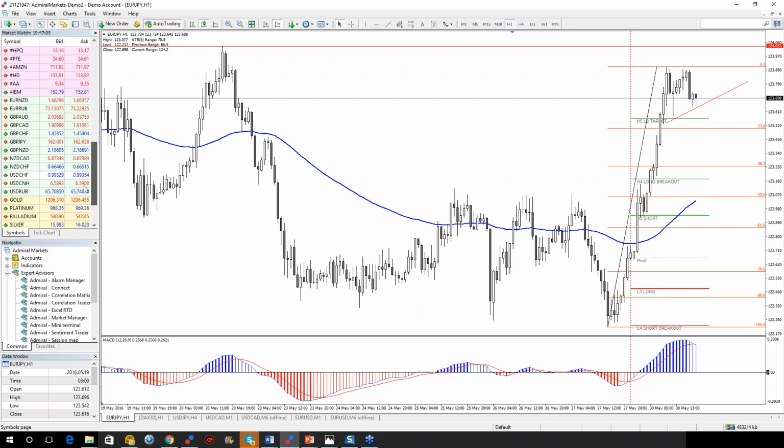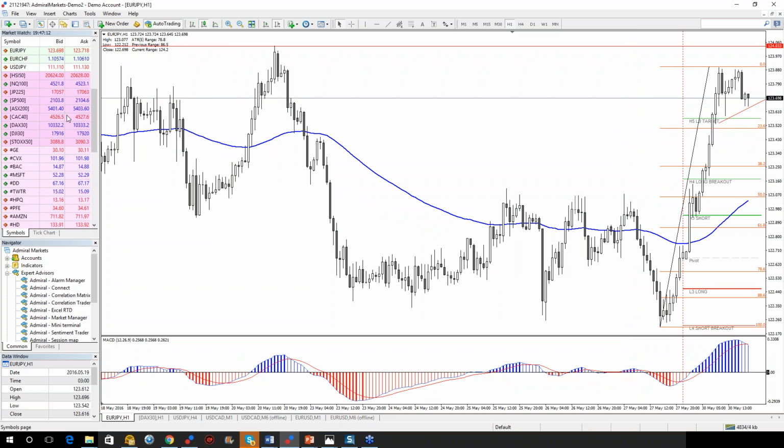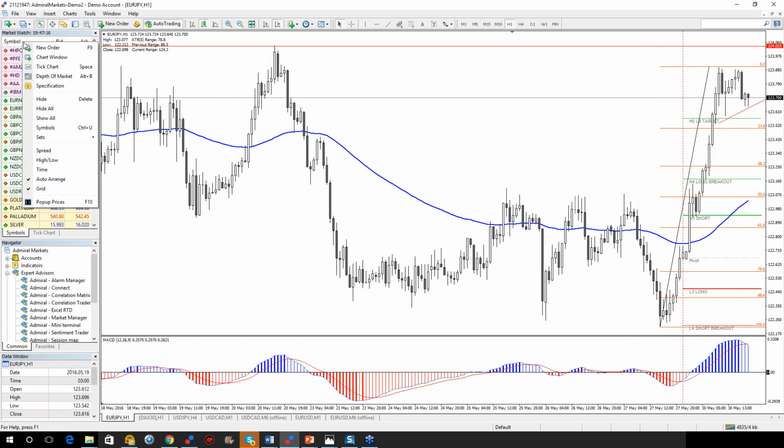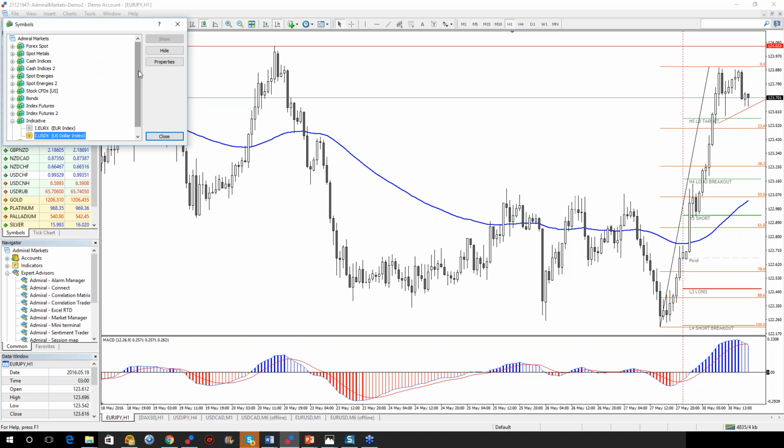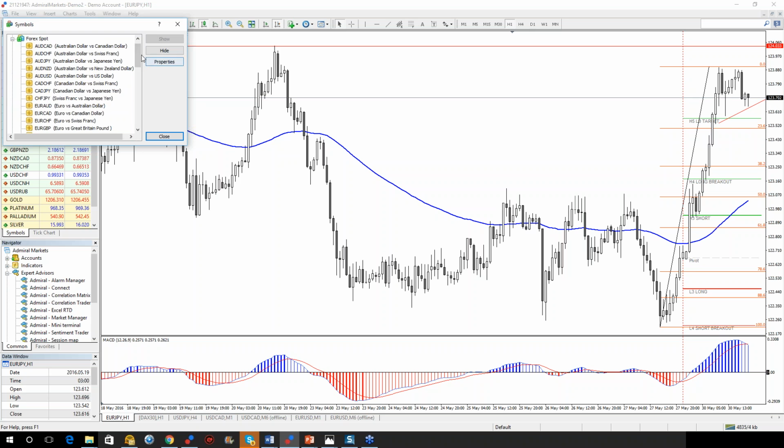Dollar, Singapore dollar. Let's see where I have the pair. Let me see. It should show. Okay. Yeah, it doesn't show up here, but I'm sure it showed up.